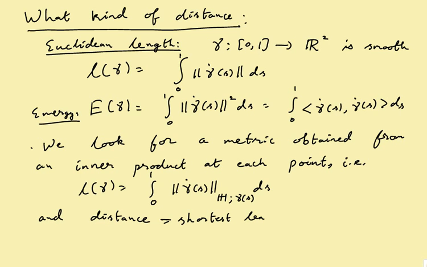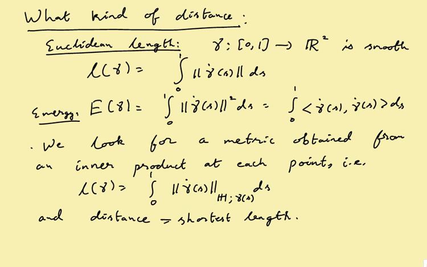But it will turn out to be the shortest length. So let me clarify here, rather than taking an arbitrary distance, what we are taking is what's called a Riemannian metric. That is, we assume that we have a measure of length at each point. That is an inner product at each point, which gives you a norm at each point, and we integrate that to measure lengths of paths, and the distance we are concerned with is going to be the minimum distance between two points, where we minimize over all paths.